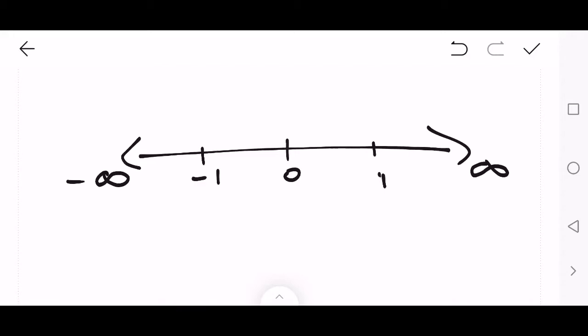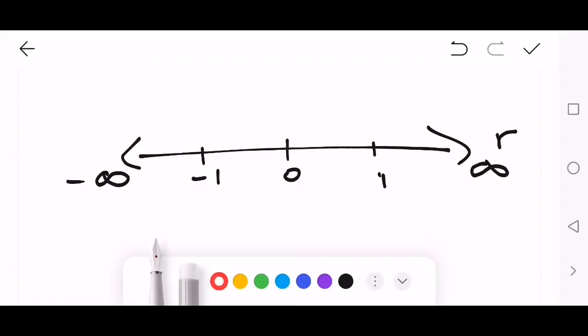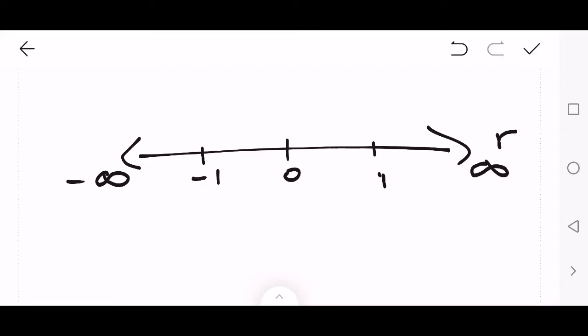Let us say the domain of this number line is R, of which R is the constant ratio of a geometric series. In this number line, we will choose a number between minus infinity and minus 1, so that will be minus 2.